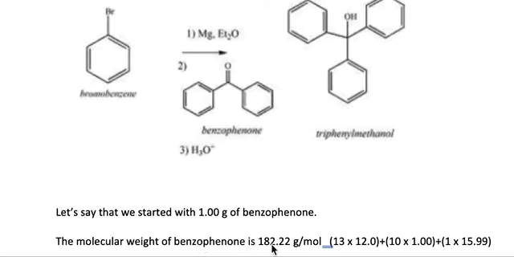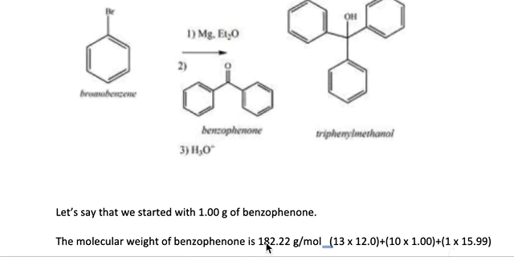The molecular weight of benzophenone is 182.22 grams per mole. Or if we know the chemical structure, we could figure it out pretty close. We've got 13 carbons. Each carbon weighs around 12 grams per mole. We've got 10 hydrogens. Each hydrogen weighs about 1 gram per mole. And we've got 1 oxygen, which weighs around 16 grams per mole.